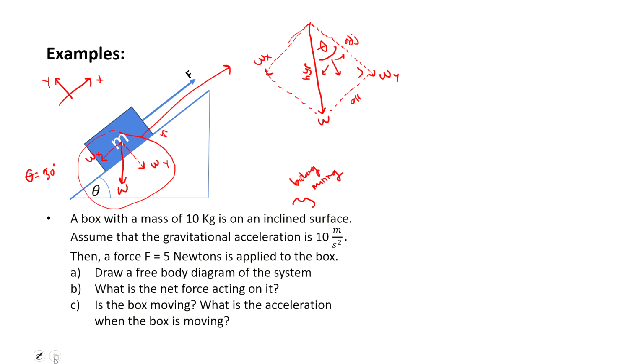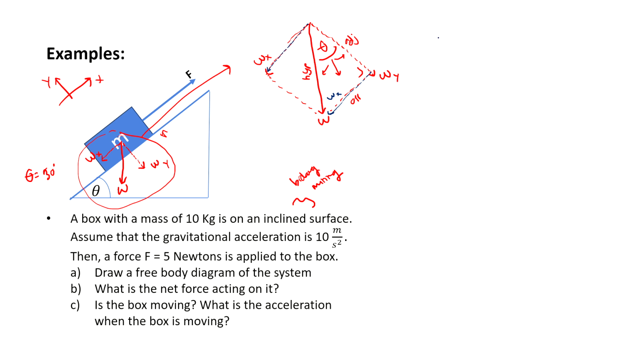One more thing: if we have a vector like this, the vector of Wx, it will be equal to this vector, so it's also Wx.